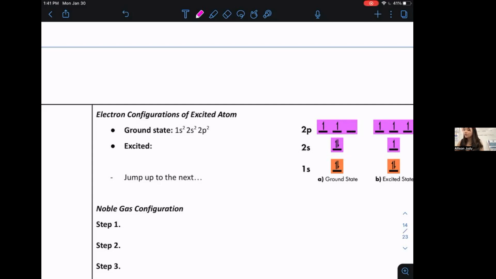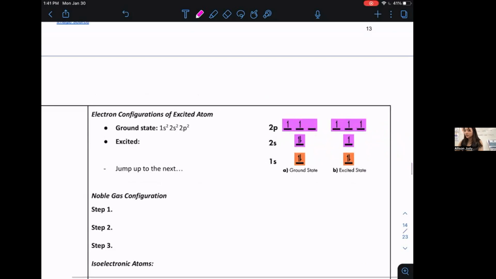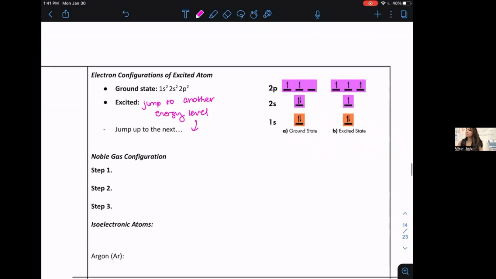Okay, so what we see is an electron will jump up to the next energy level. Your excited electron configuration is just you pushing up the electrons. Okay, so that's all I'm going to say.